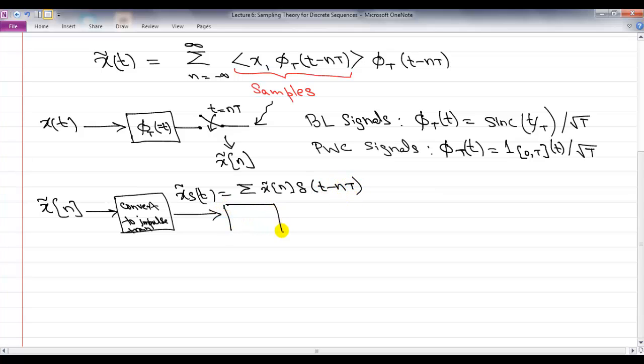And then you have a post filter, which is this generator function phi again, and at the output you get x tilde of t.